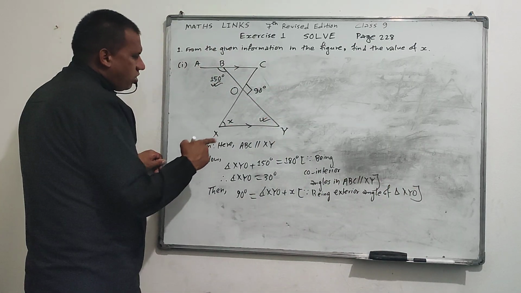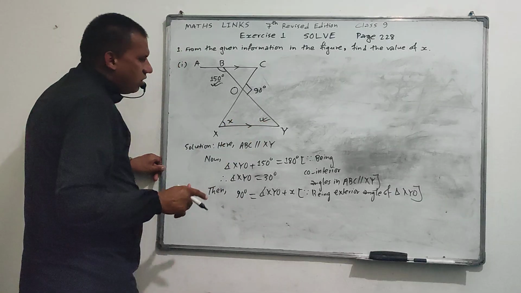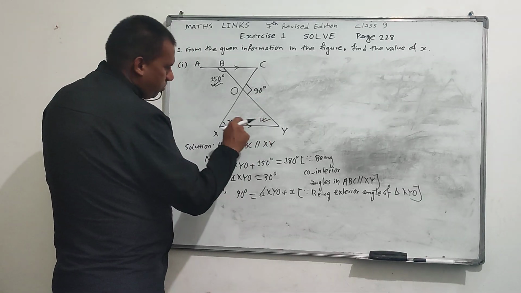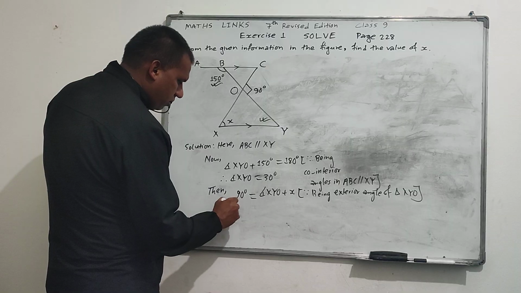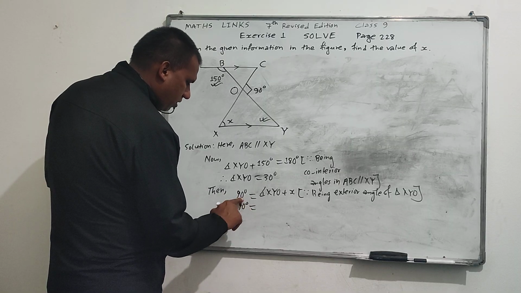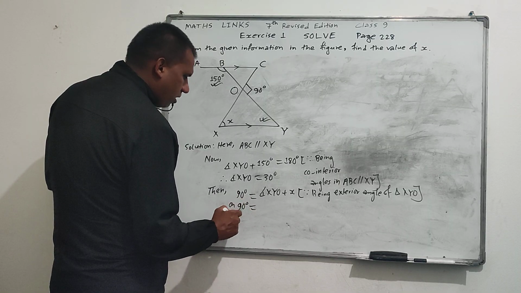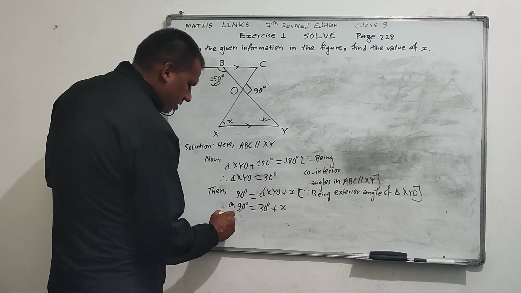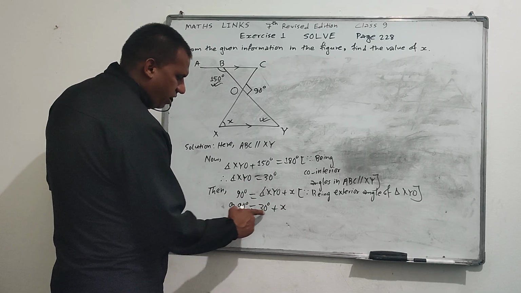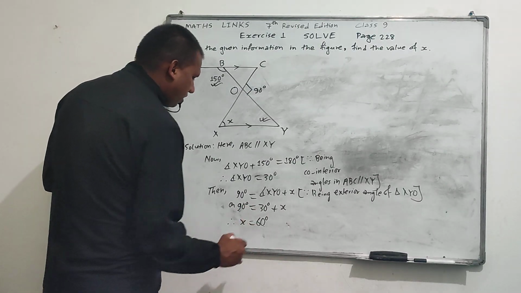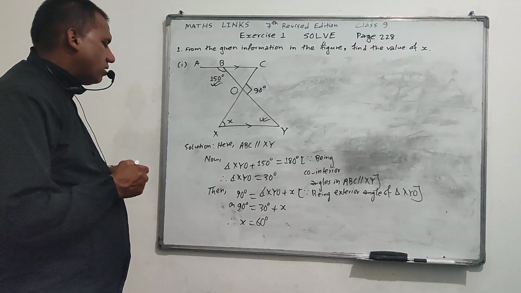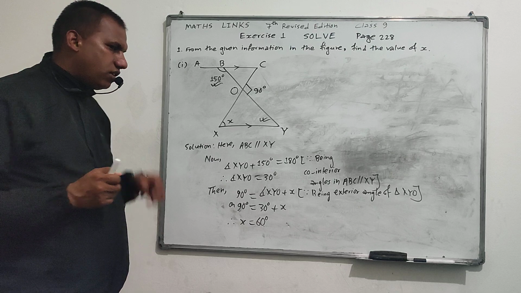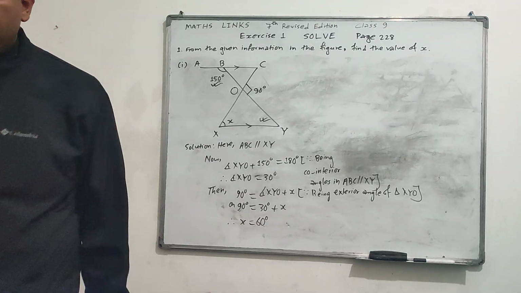Exterior angle equals the sum of two opposite interior angles. So 90 equals angle XYO 30 degrees plus x. Therefore x equals 90 minus 30, that becomes 60 degrees. So x equals 60 degrees is the required value of x.